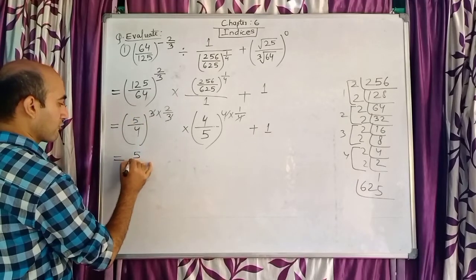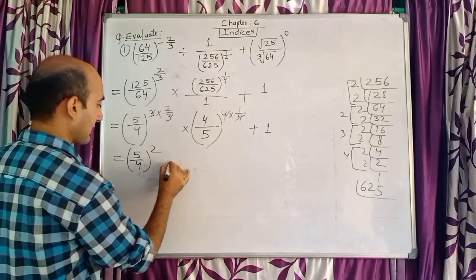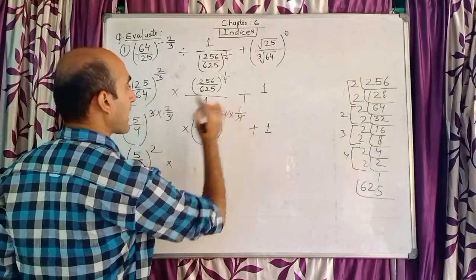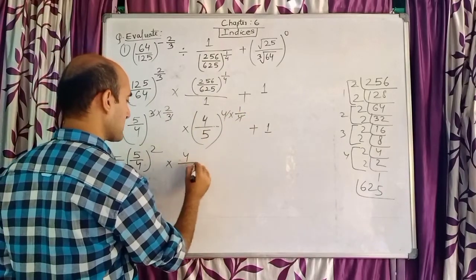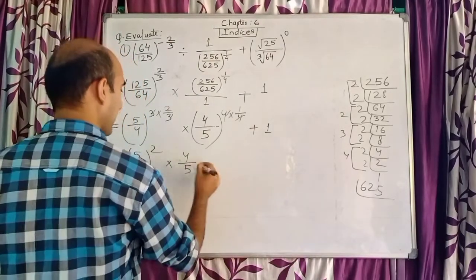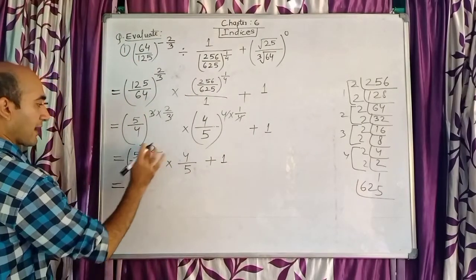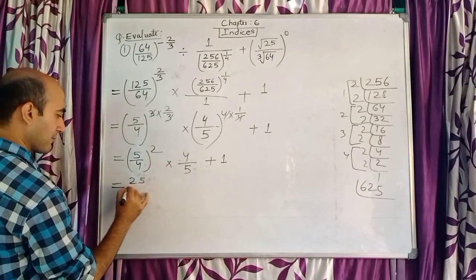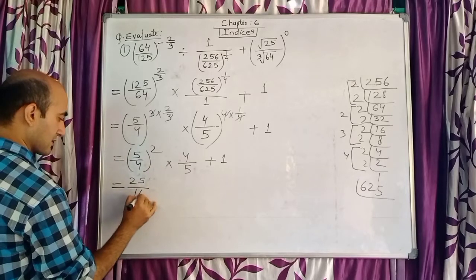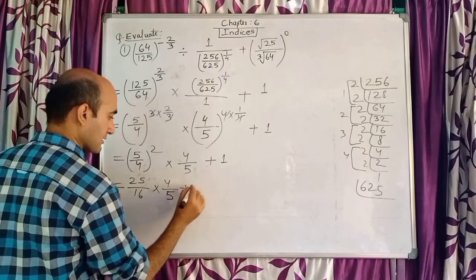Here only 5 by 4 and square remains. This is square only remaining here. And in the multiplication, here only power 1 remains. Power 1 remains means it is 4 by 5 itself, because anything power 1 is the same number. And here what remains? Plus 1. Next, 5 square is very easy, 25. 4 square is 16 into 4 by 5 plus 1.